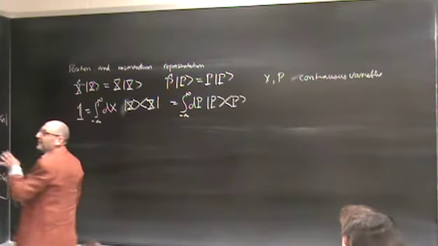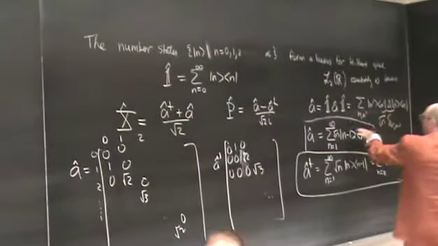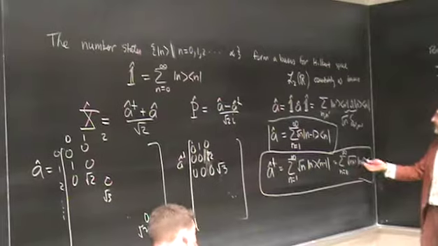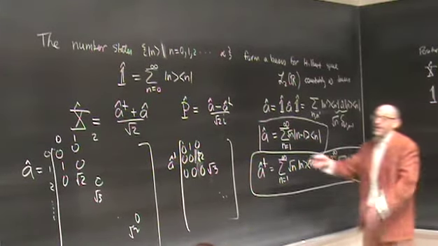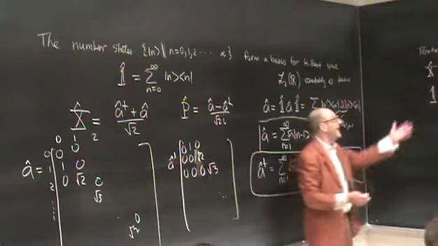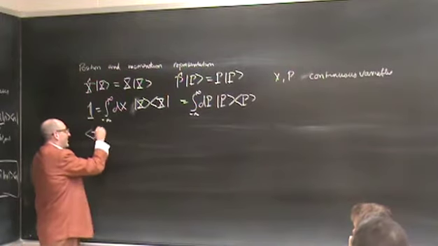Now, whereas these operators expressed in this basis have matrix elements that are just numbers, in this case, the matrix elements of X and P have singularities in them, right?